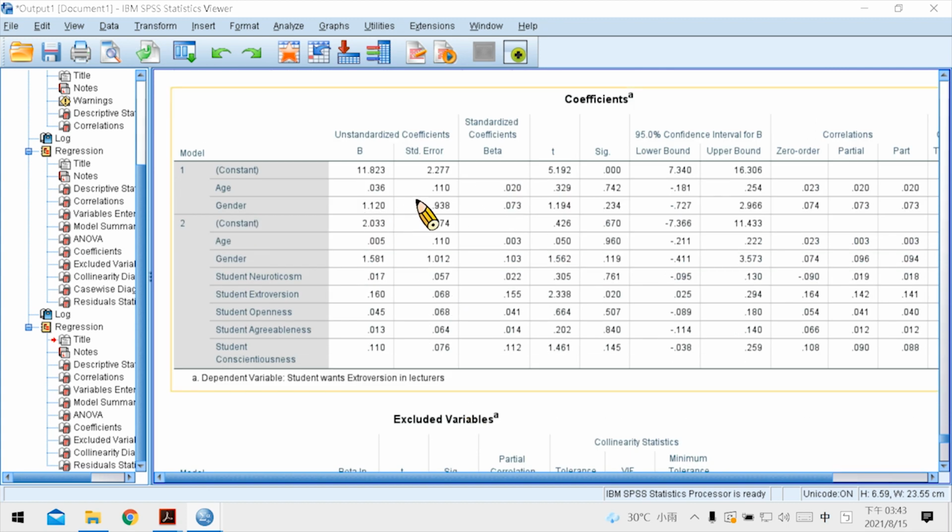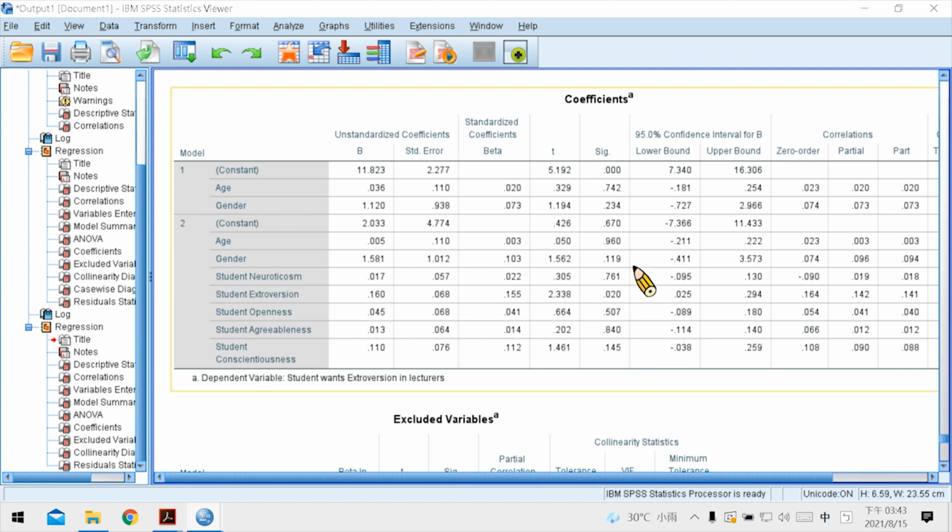Okay, so you see the age and the student neuroticism and the student openness, the p-value is less than 0.05, not this one.